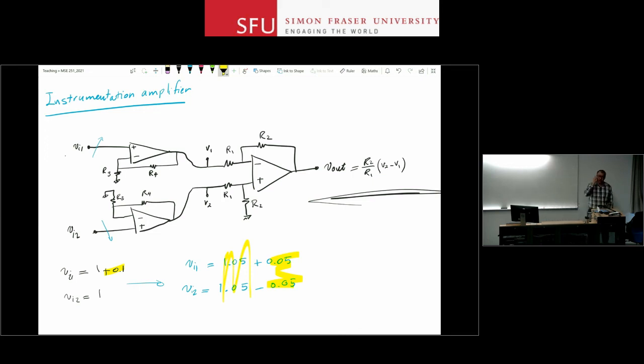And you can show that if you're only interested in the differential signal, and instead of grounding these two middle points, you just connect them directly to each other, you still get 0 volt in here, right? It's not ground, it's a 0 volt, right? Why? Well, think about it.